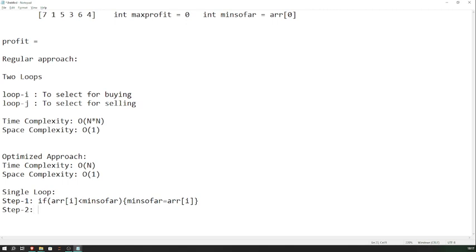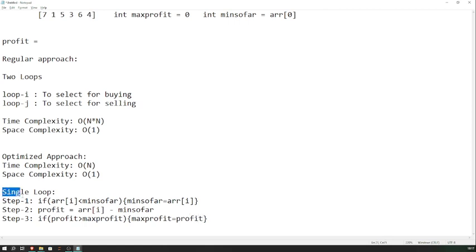Then step 2 would be profit. Profit is equal to arr of i minus min so far. And step 3 would be: if profit is greater than max profit, then max profit is equal to profit.